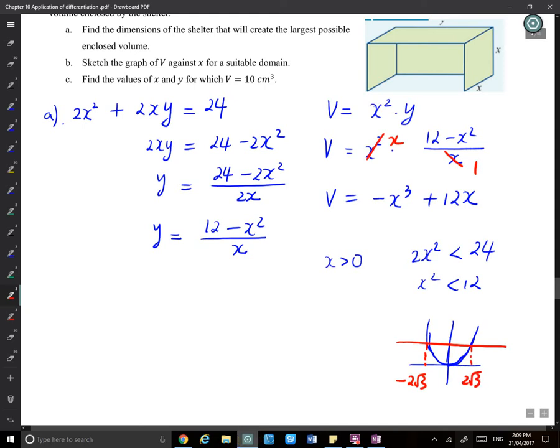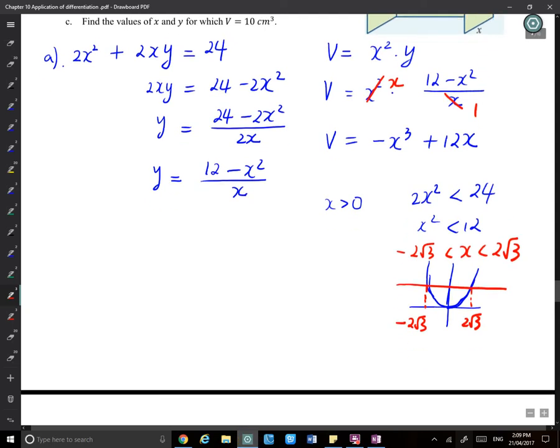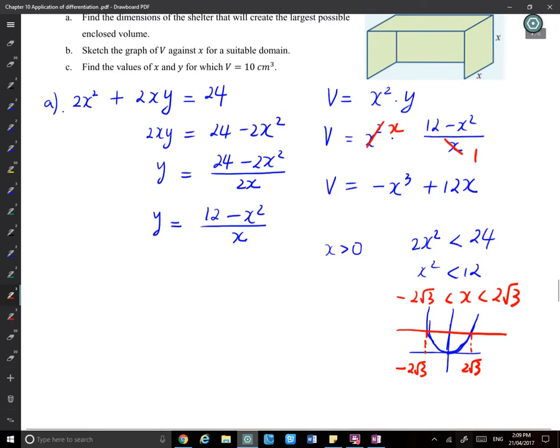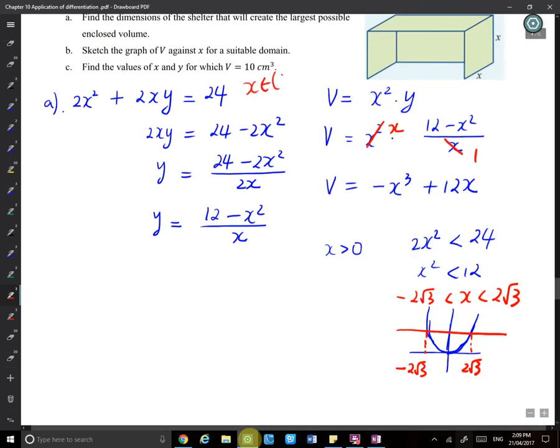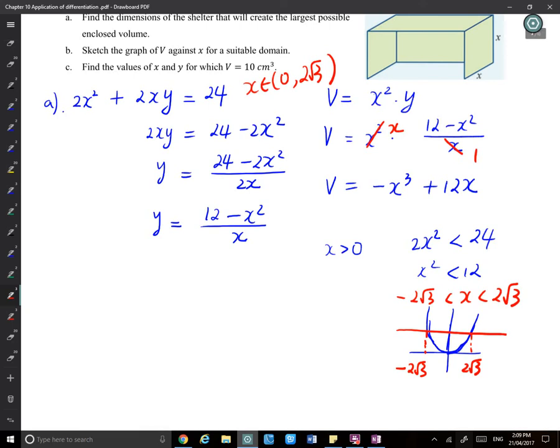So it needs to be below 12. Your x needs to be in between those two values. And you also know that your x needs to be greater than 0. Therefore, your x needs to belong to 0 to 2 root 3. It can't be too small, it can't be too big.